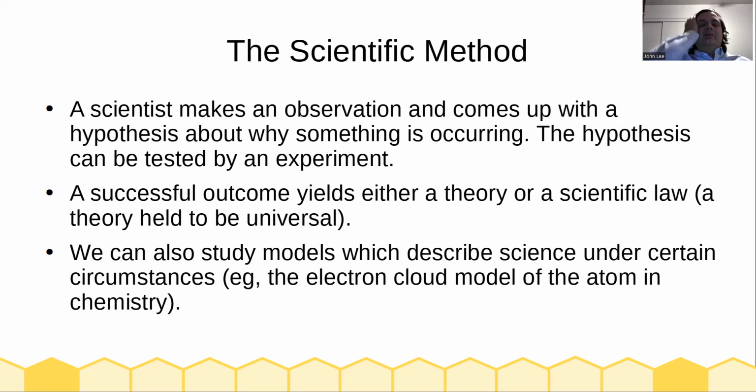So the reason that relativity is a theory and quantum mechanics is a theory rather than a law is not that they haven't been tested and found to be very successful at predicting outcomes. It's that quantum mechanics and relativity are kind of incompatible with each other.